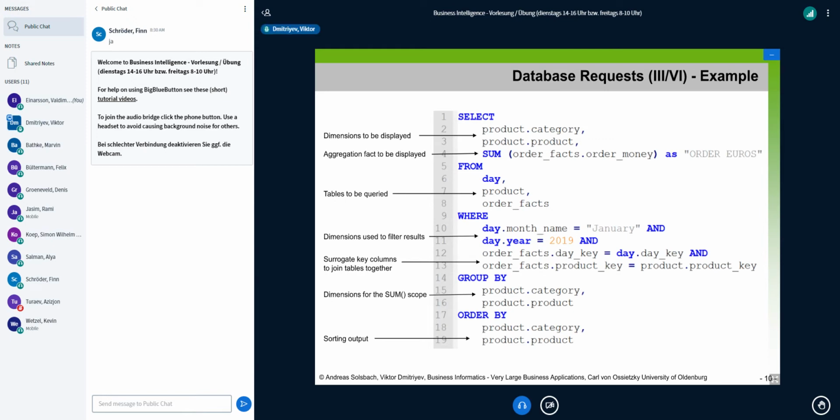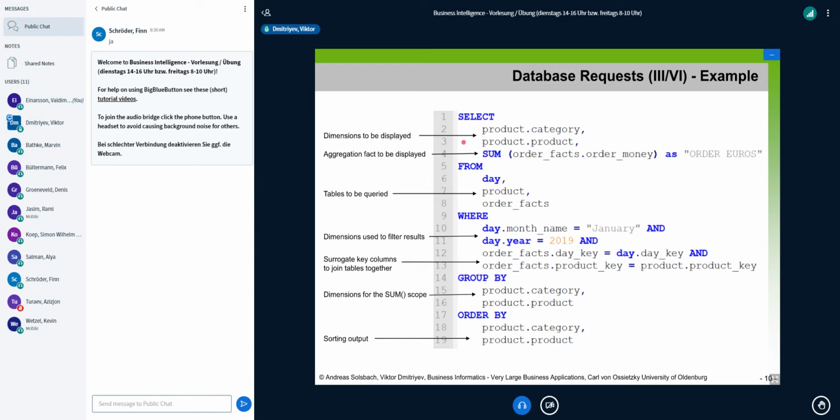What I would like to explain is how a typical query on the star schema will look. First of all, it's normal SQL, but sort of SQL on steroids. Why?